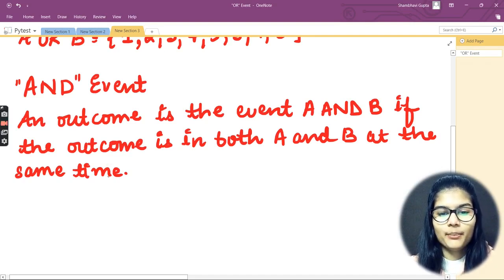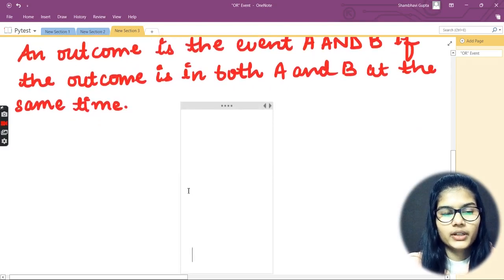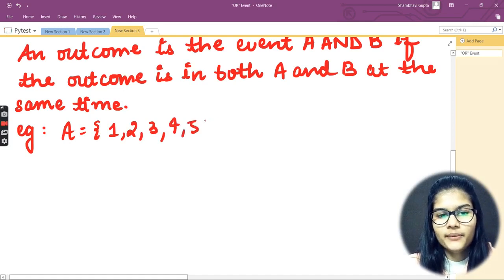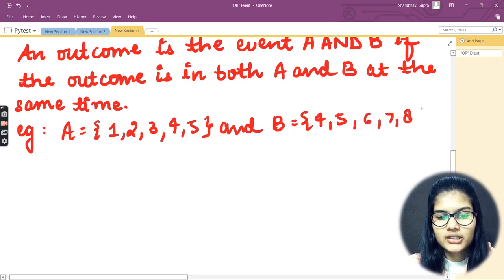Now what example can we have for that? Let me make some space. The example for A and B could be, let's say I have event A as 1, 2, 3, 4 and 5. Let's say this is my A event, and what about my B? Let's say my B event is 4, 5, 6, 7, 8.